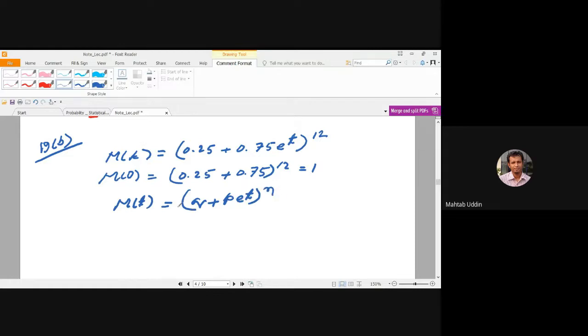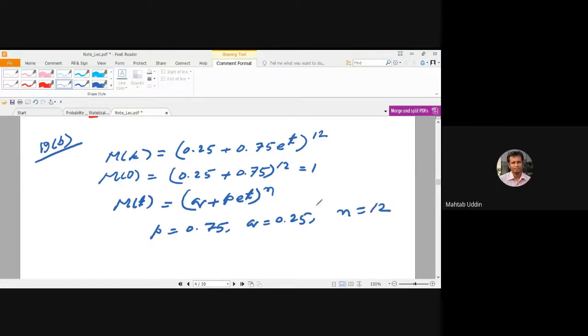So comparing with this, we can find p is 0.75, q is 0.25. n is what? 12, right?